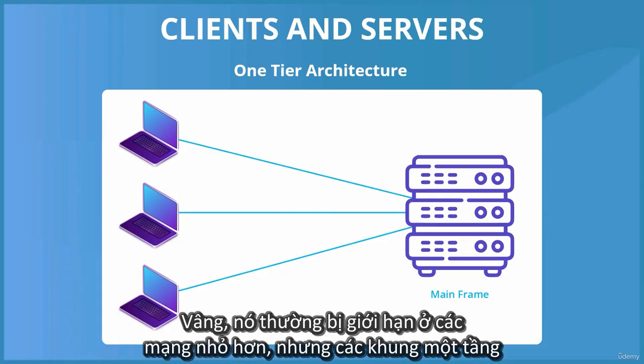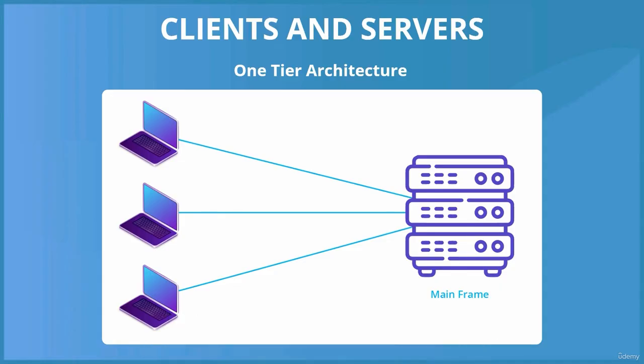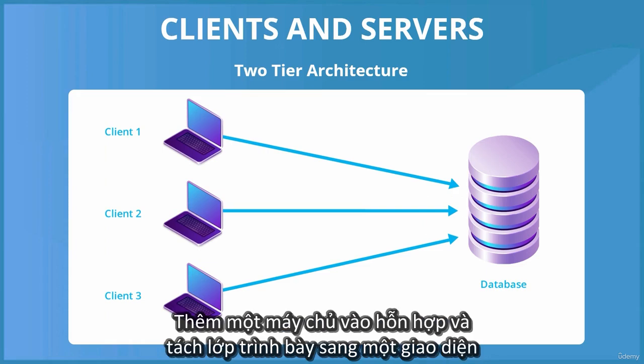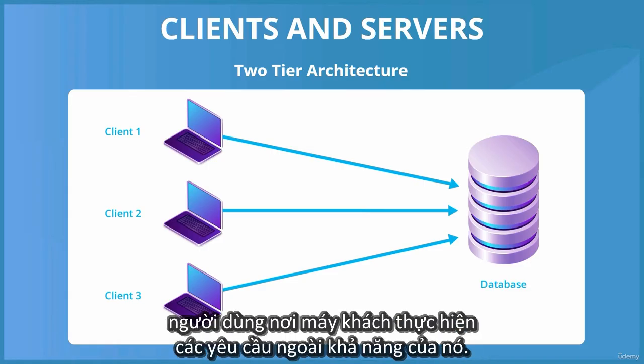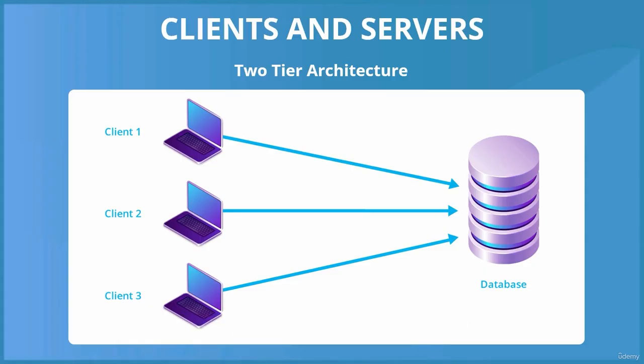Now, it's often limited to smaller networks, but one-tier frameworks include presentation, business, and data access layers on the same machine. Two-tier architectures add a server to the mix and separate the presentation layer to a user interface, where the client makes requests outside of its capabilities.